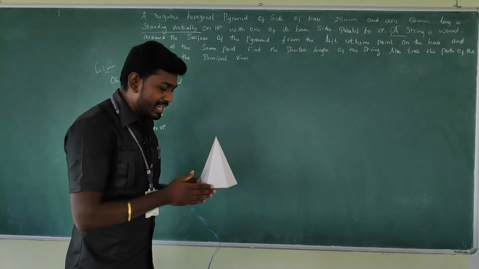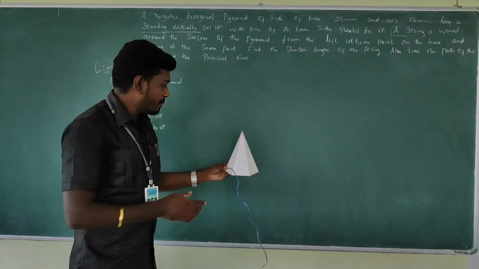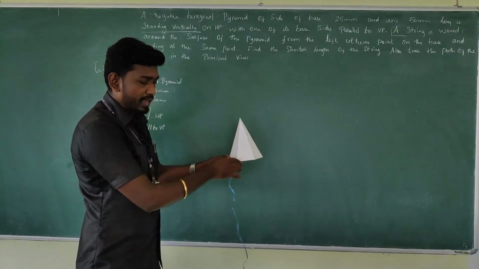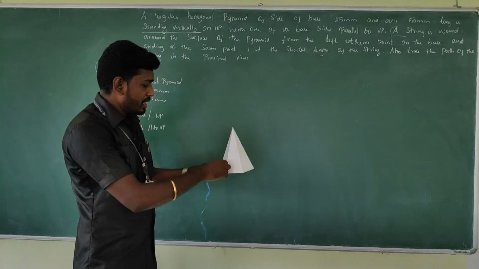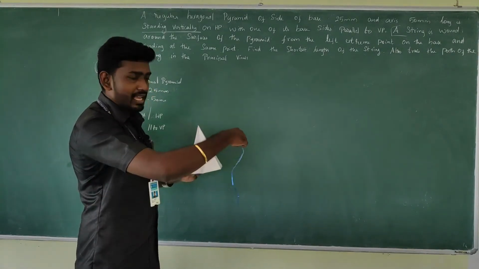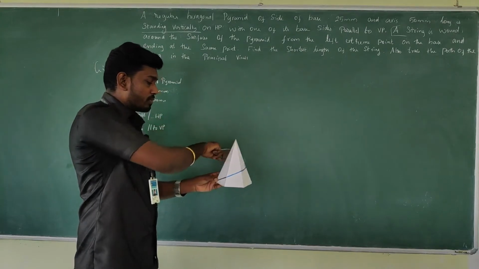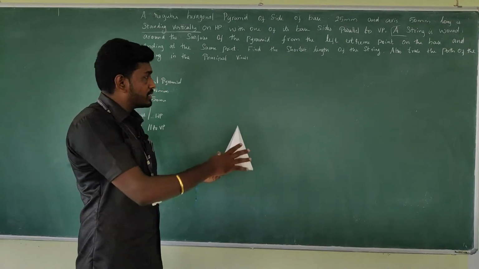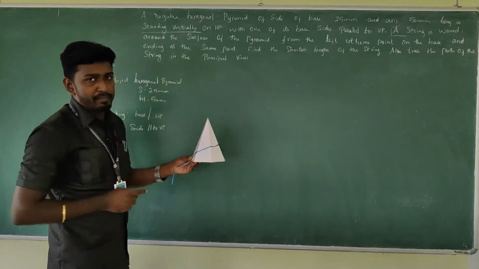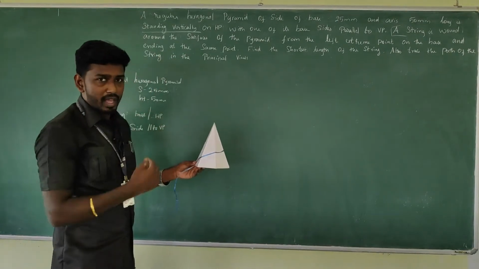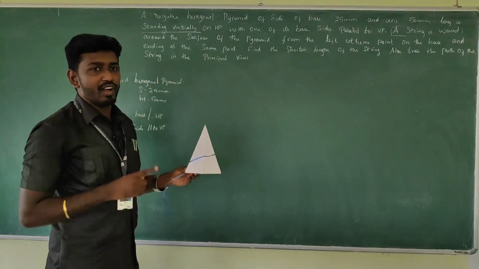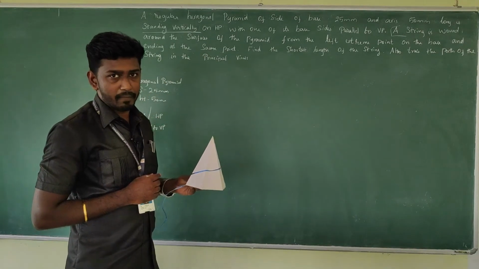When you keep one of the edges parallel to VP, this is how the position will be. And from the left extreme point, we need to wind around and end at this same point. When we are winding around the surface, we need to end at this same point. Find the shortest length of the string.